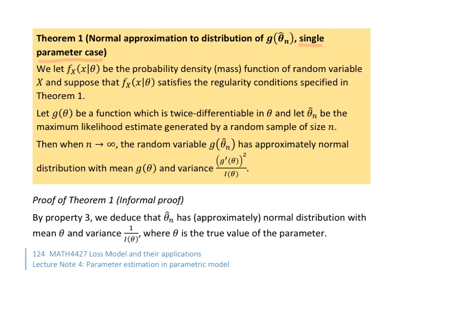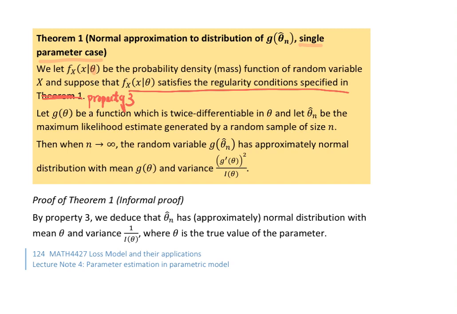Let's suppose we have a distribution. Let f_S be the probability density function of some random variable S, with one single parameter theta. Let's suppose this PDF satisfies the regularity conditions specified in the earlier session, in the probability-free theorem. That means f_S is three times differentiable, and you can interchange the order of differentiation and integration, and so on.